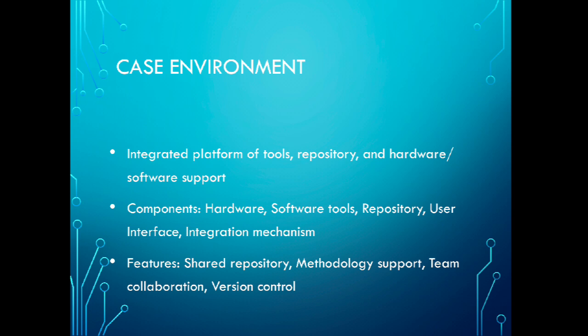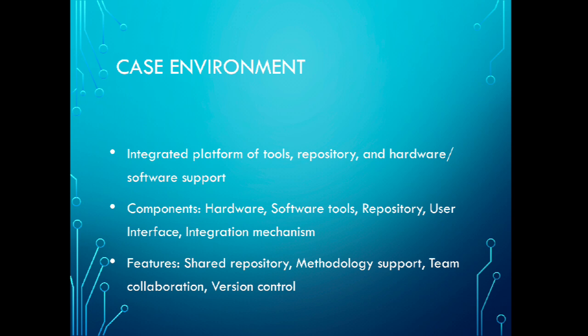Let's get deep into this. What is hardware? This includes the physical infrastructure like high performance computers and powerful servers that run all the software tools and store data. Next come the software tools. These are the applications themselves: the modeling tools, the code generators, the testing frameworks, and so on. And a central repository.